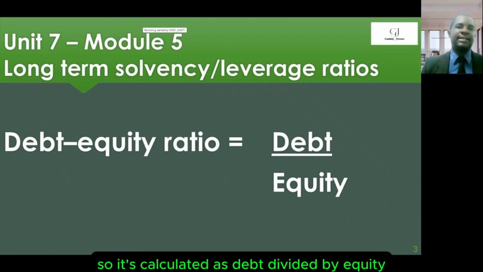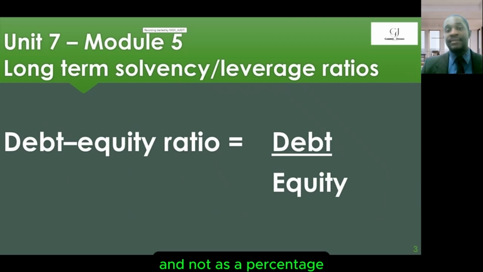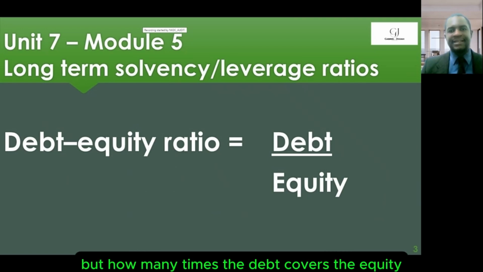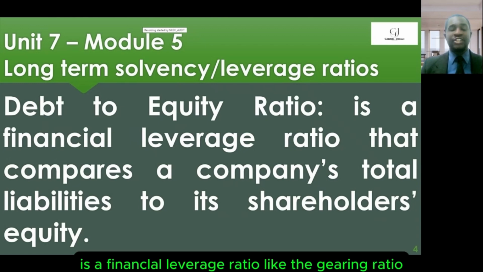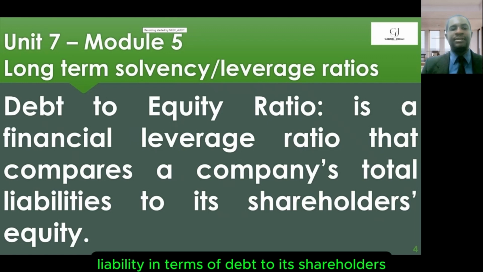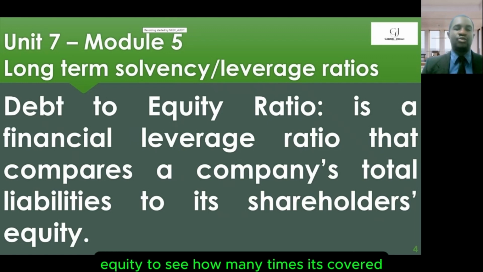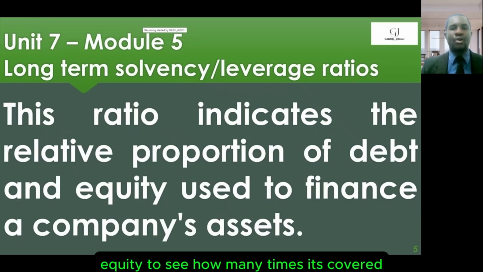So it's calculated as debt divided by equity, and not as a percentage, but how many times the debt covers the equity. It's a financial leverage ratio like gearing ratio that compares the company's total liabilities in terms of debt to its shareholders' equity to see how many times it's covered.